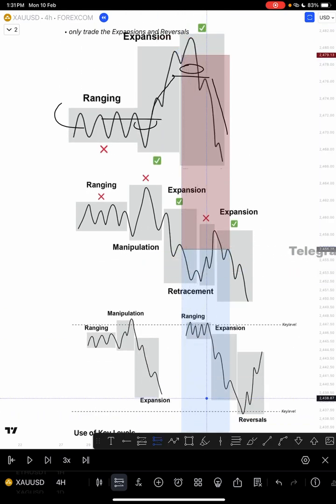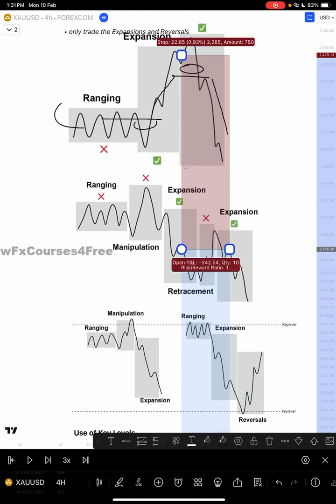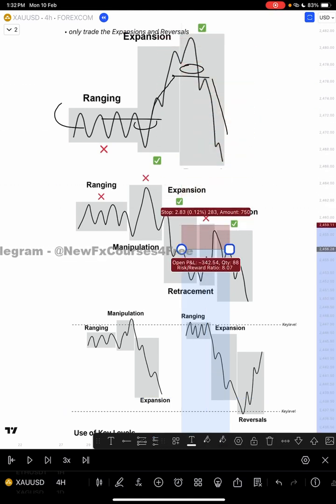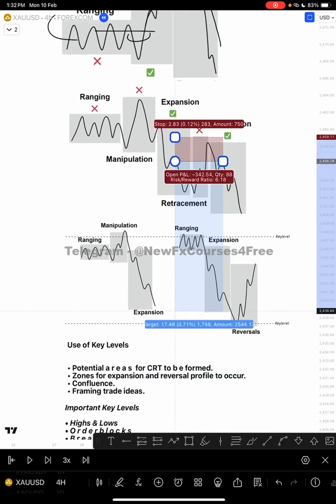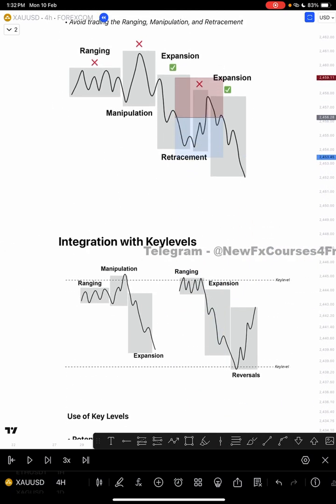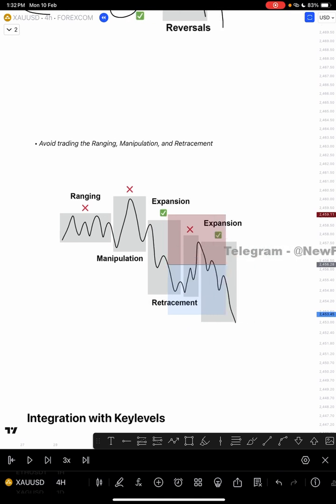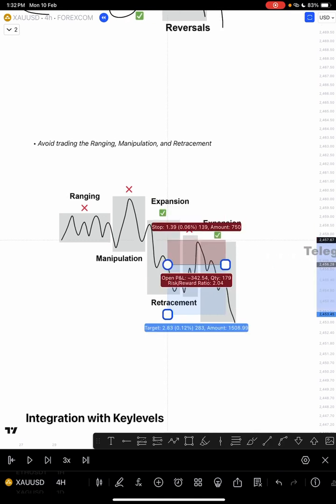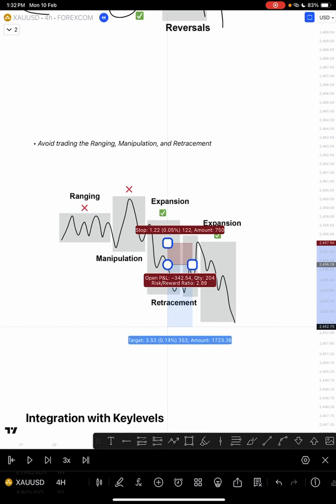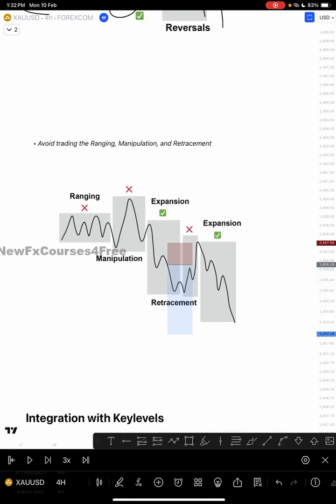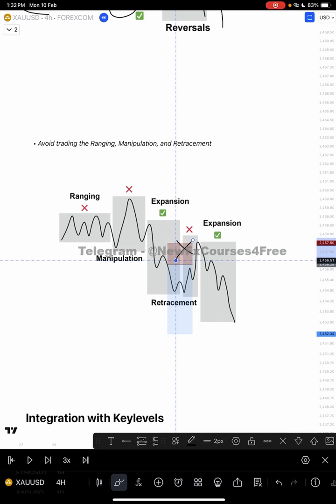I need to illustrate this. So you'll be selling here, and you get wrecked over here with this move. So don't trade the retracement profile. Trade the profile after the retracement, which is the expansion.